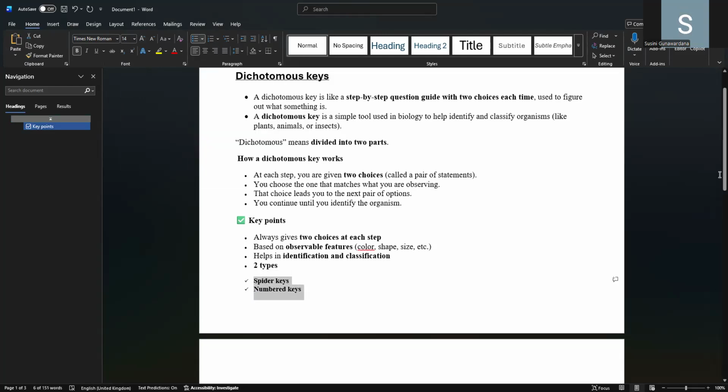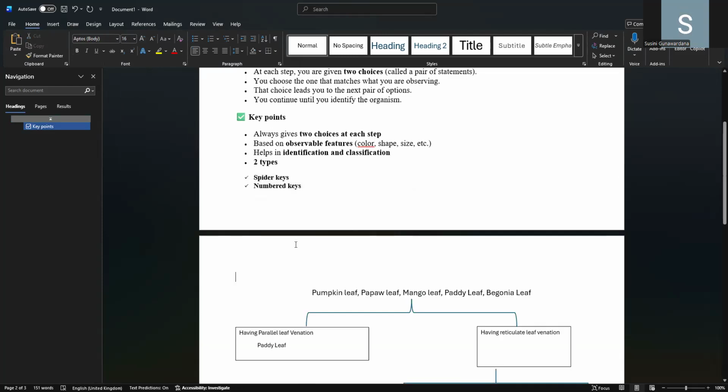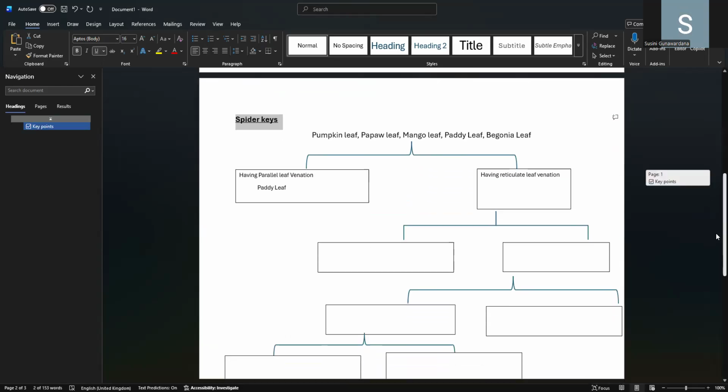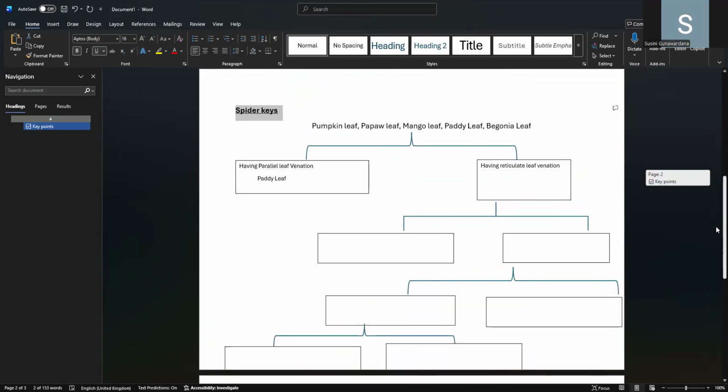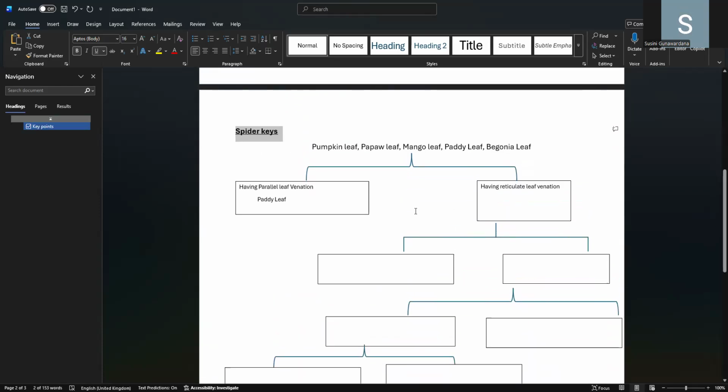Okay, here I have given you some examples of spider keys. Actually, these are spider keys. If you go through this example, you can see there are some leg-like structures right here. Can you see?